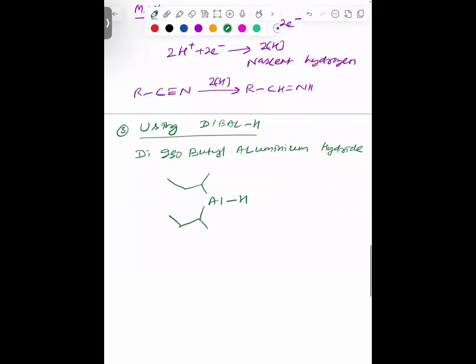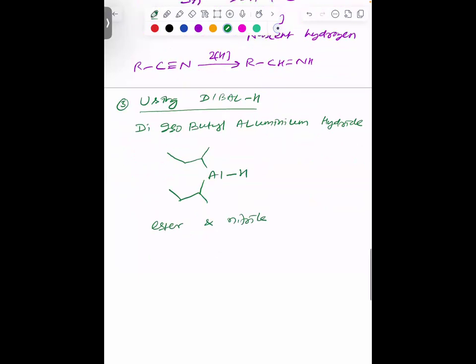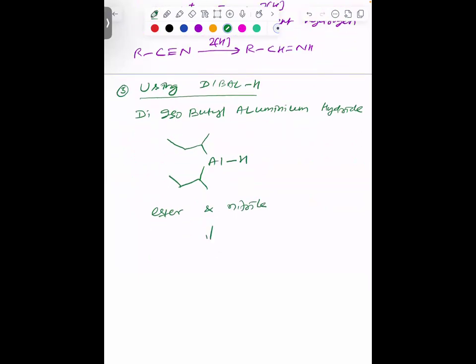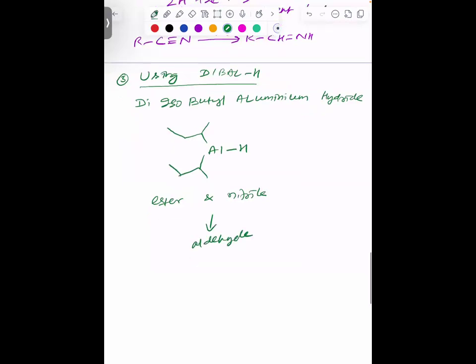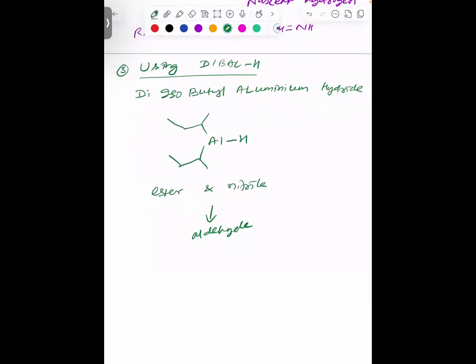It is one of the reducing agents. It reduces particularly ester and nitrile into aldehyde. It doesn't affect the olefin bond.